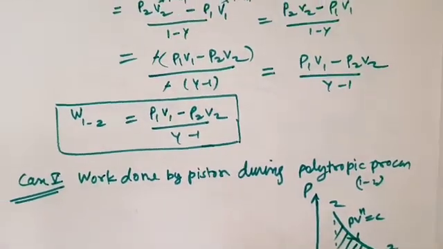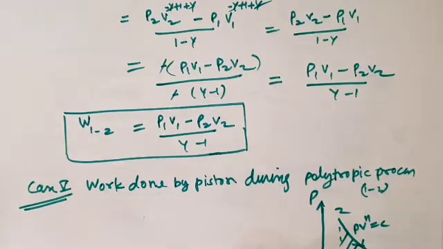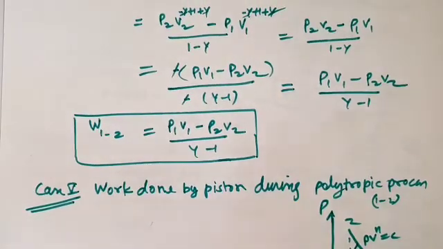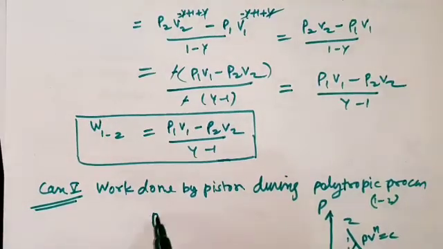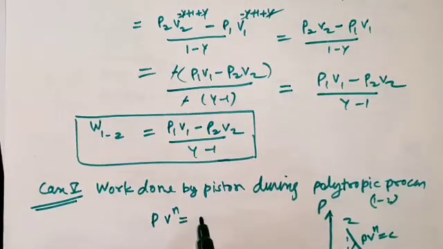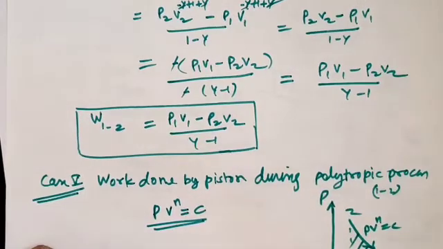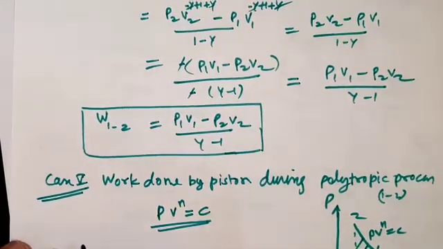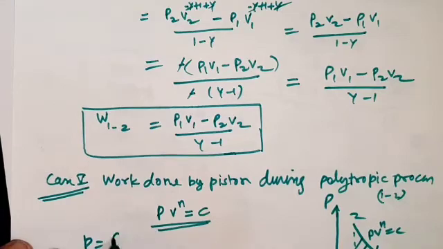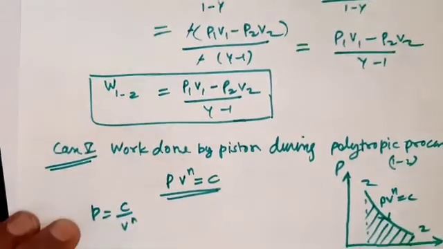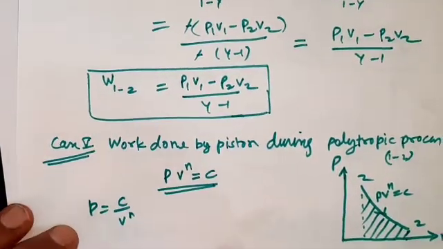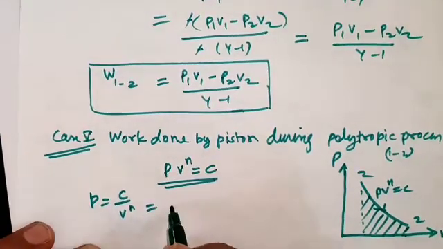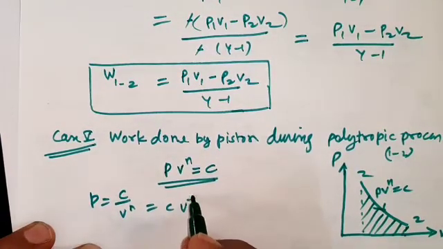So we can say a process is called polytropic when the pressure and volume both follow the law PV to the power n is equal to constant. So simply we can say P is equal to C upon V to the power n, or we can say this will be equal to C V to the power minus n.